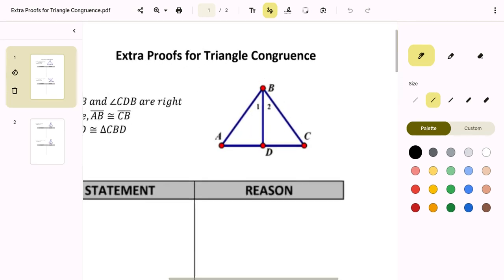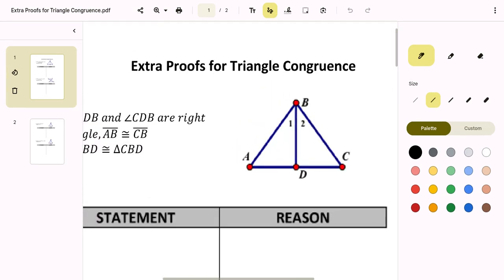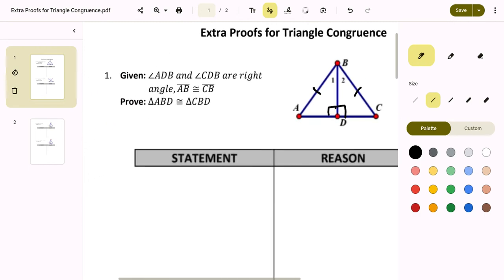So for the first one, we know that ADB and CDB are right angles, and we know that A to B is congruent with B to C. So we're going to start with that. That's going to be our given. That's going to be our first statement. And I am just going to put both of those together.